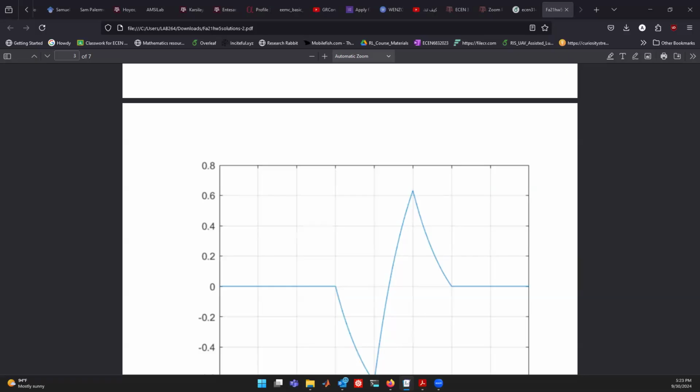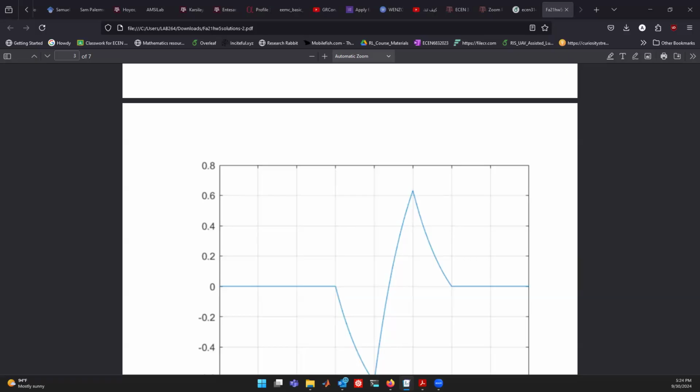So it starts from 0 at t equals minus 1, and we will have a decaying exponential, something like this, until 0. And then from 0 to 1, we have 1 plus e exponential minus 1 minus 2 exponential minus t. So minus 2 exponential minus t.